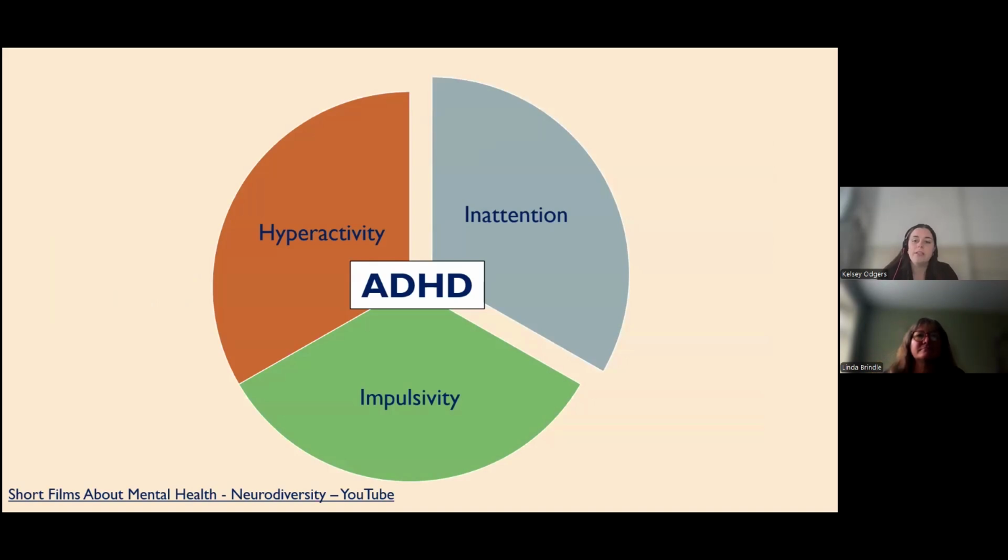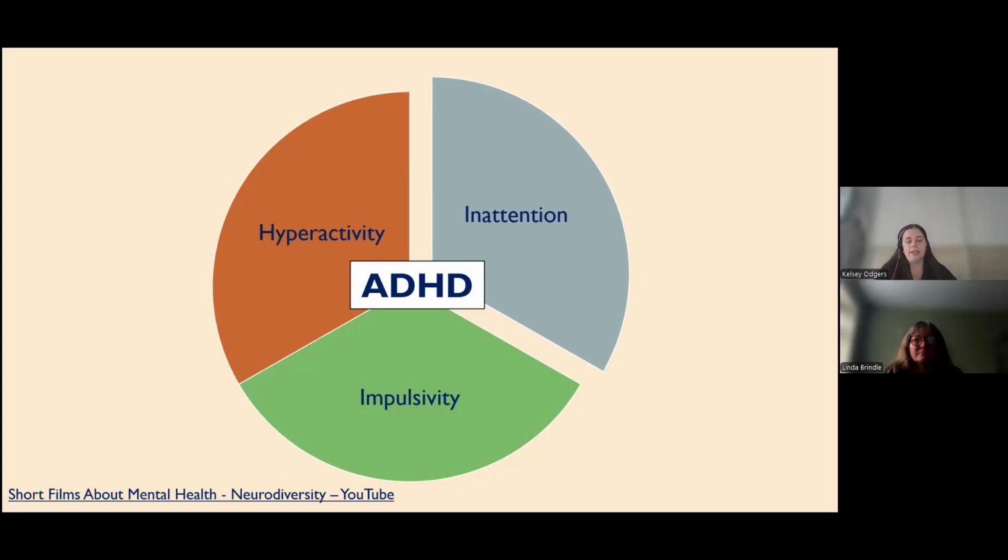So, in terms of an assessment, they'd be looking to see if these difficulties were firstly impacting on functioning and development for that young person, but also if they'd been present early in childhood, so before the age of 12, essentially. And the other important thing is that ADHD can only be diagnosed when these symptoms are present across different settings, such as home, school, or other settings that that young person is in.